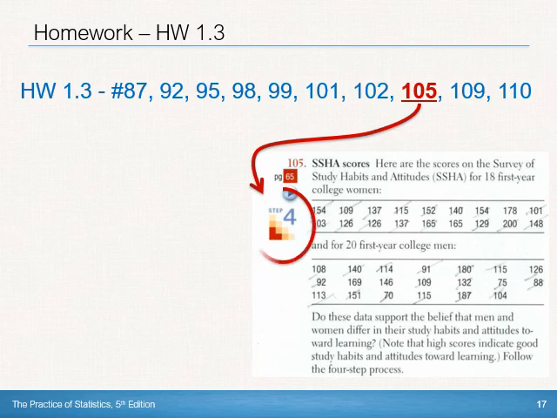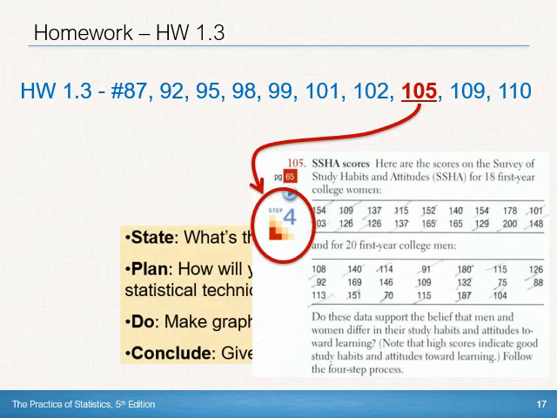All right, so this is your homework for section 1.3. And just remember that some of the problems are going to be a 4-stepper, and actually 105 this time is. And when you look at the book, you can tell which ones are 4-steppers because they have this little symbol here that looks like a staircase, and it says 4 steps.